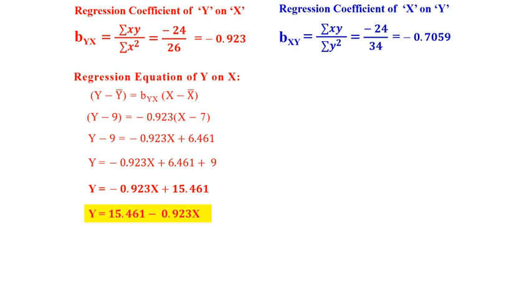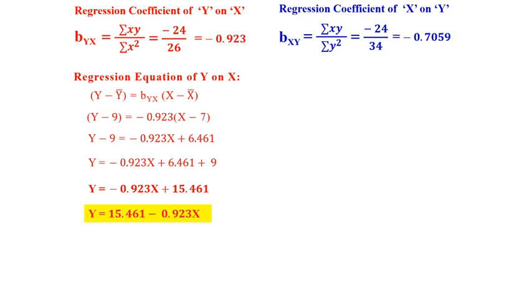There is no plus there; since the value is negative we put a minus. Must we write it like this? No, you can stop at y equals minus 0.923x plus 15.461 above. To keep it formal, we write y equals 15.461 minus 0.923x. This is the regression equation of y on x.